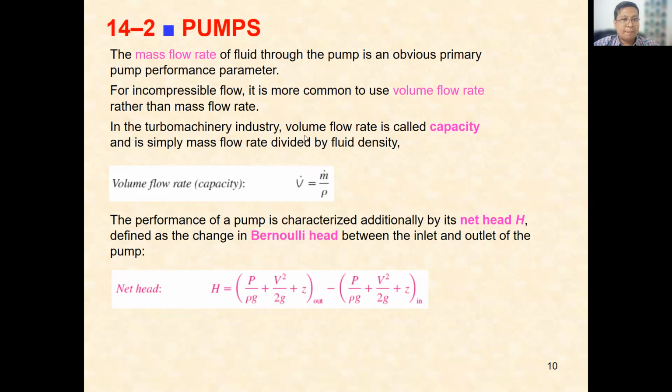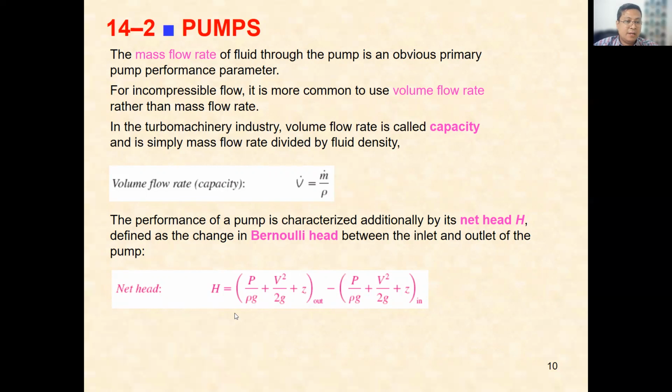So you can see here the formula of volume rate. This is already known in fluid mechanics. Also, before that, we introduced in thermodynamics how to implement the volume flow rate formula.